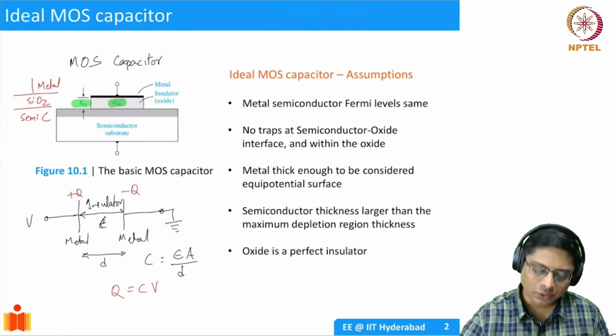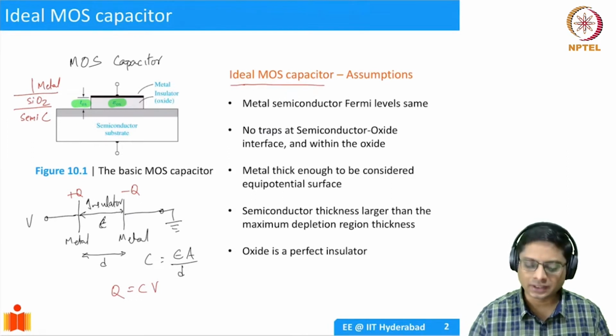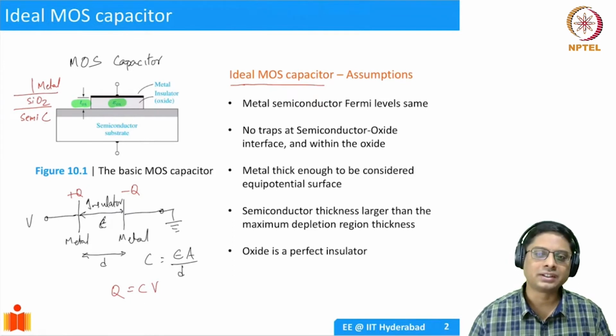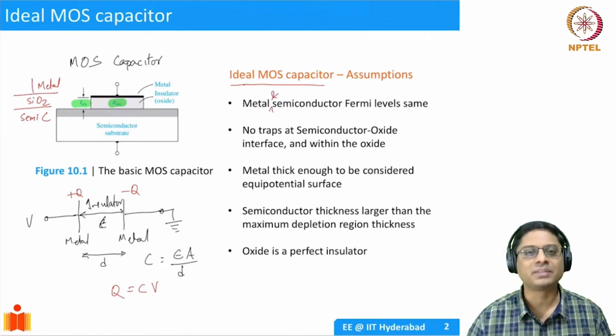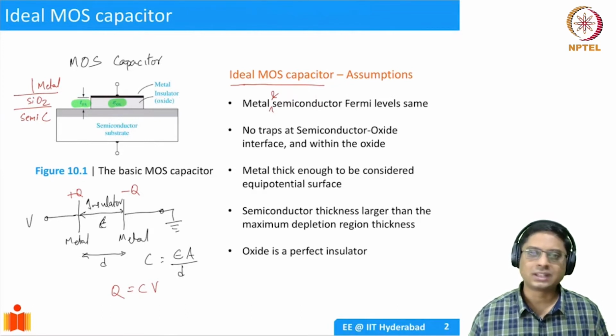Of course, no real device is going to be ideal, but for now, to gain the basic understanding, the assumptions that an ideal MOS capacitor has to satisfy are that the metal and semiconductor Fermi levels are the same. That means, let's say we have some doping. The substrate can be N-type or P-type. Let's say it has some doping.